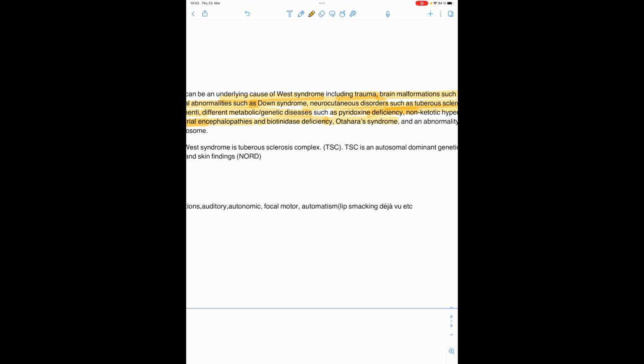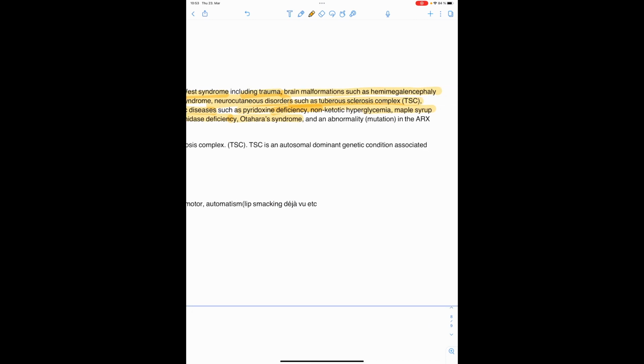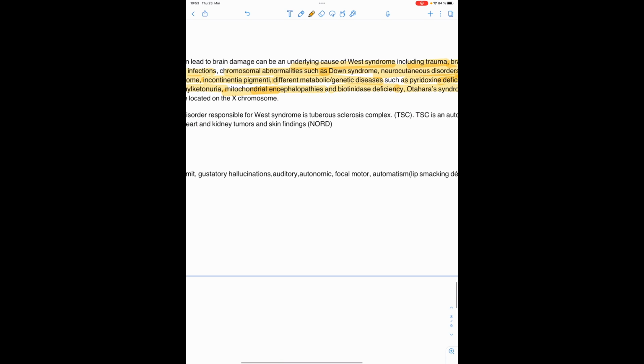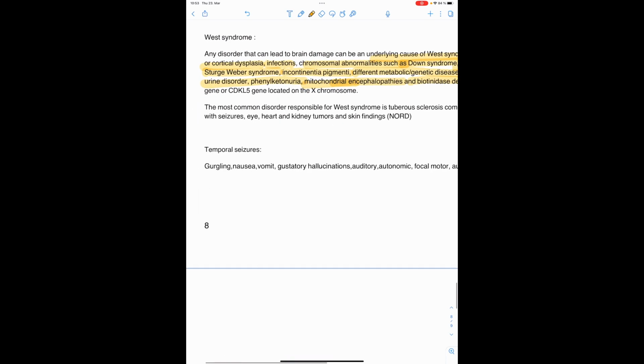Ohtahara syndrome and an abnormality or mutation in the ARX gene or CDKL5 gene located on chromosome X.